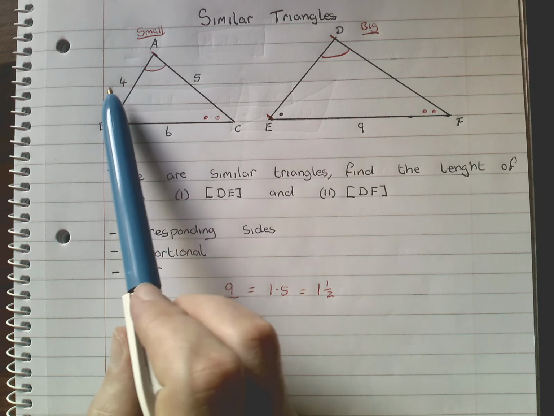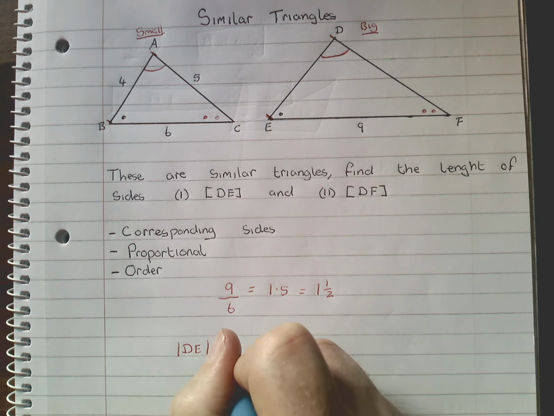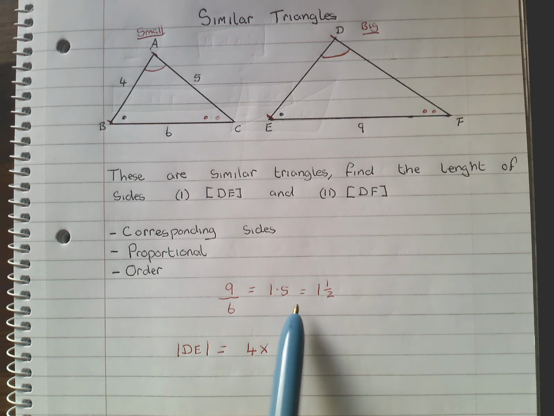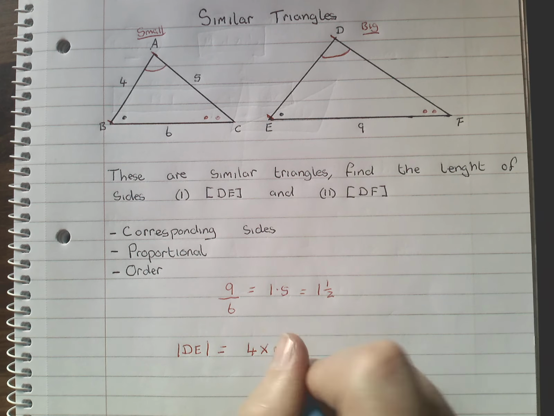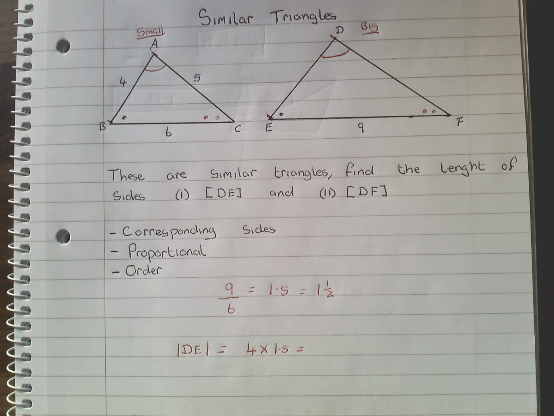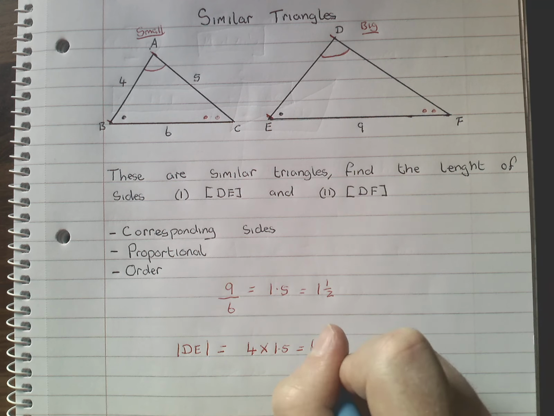So we take our smaller triangle, which in this case is 4. So DE is going to be equal to 4 multiplied by the correspondence, which is 1.5, which works out as 6.